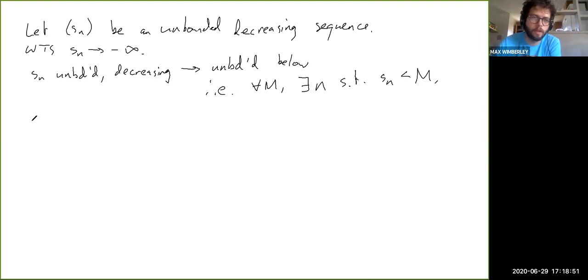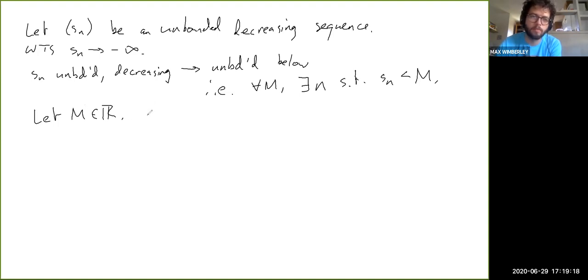So let m be a real number, and we want to find a place where Sn becomes less than m and stays that way forever, right? But that's easy, because the fact that the sequence is decreasing means as soon as we find a single term in the sequence that's less than m, then it'll stay less than m after that point.